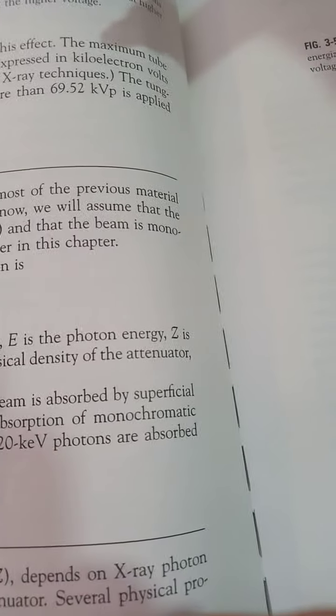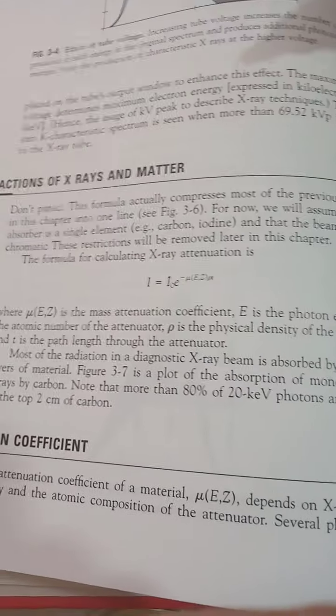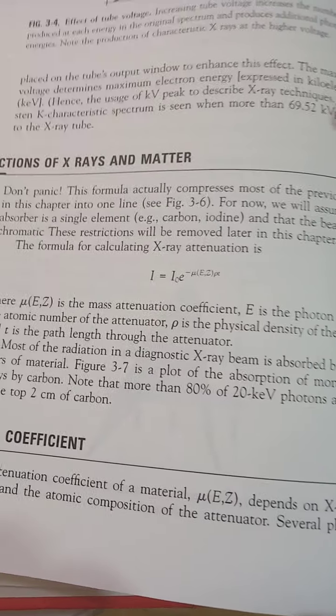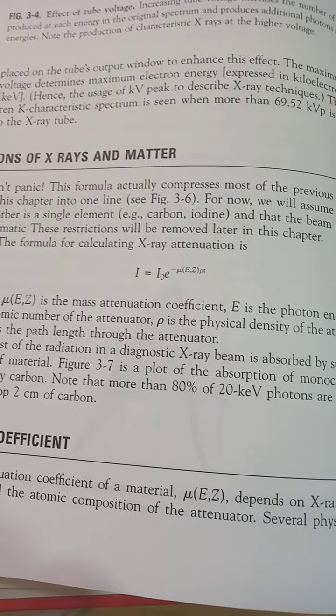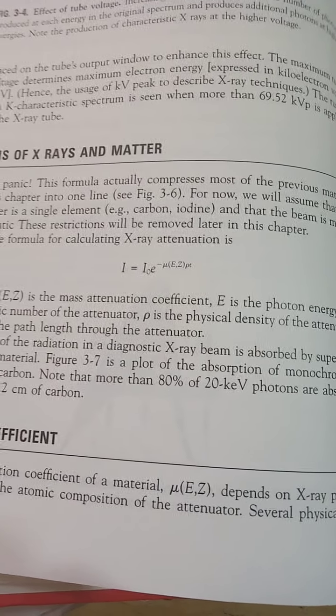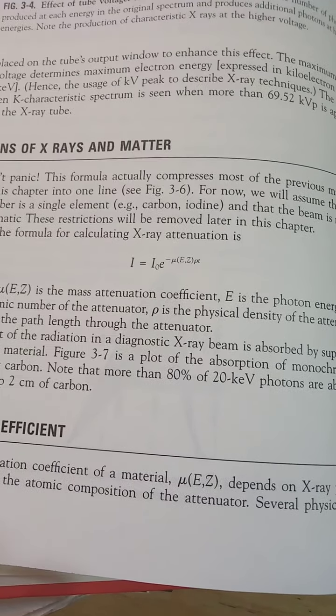And the tungsten, because tungsten is used in the anode, the tungsten K characteristic spectrum is seen where the voltage exceeds 69 kilovolts. So that's how things are.